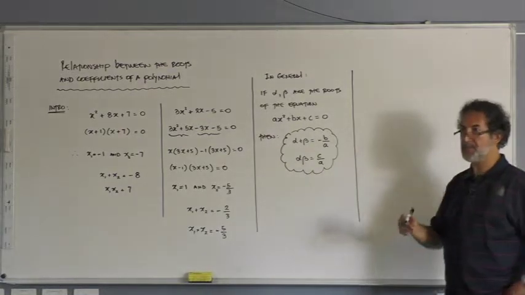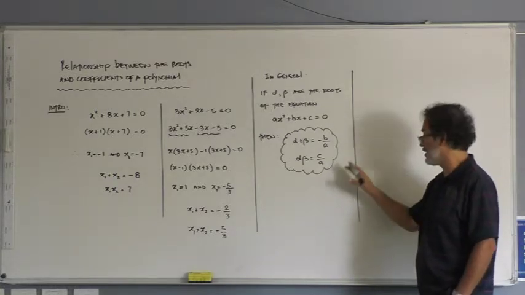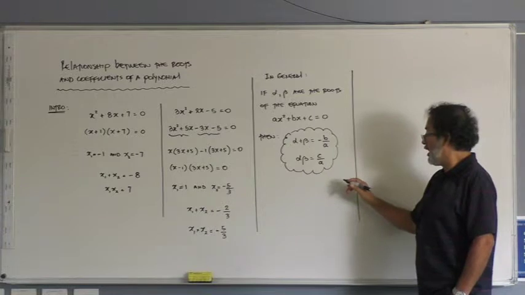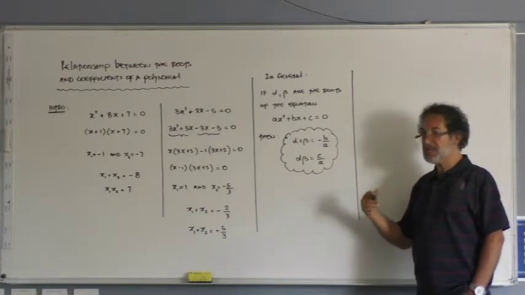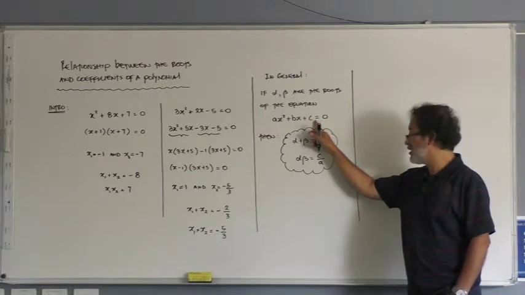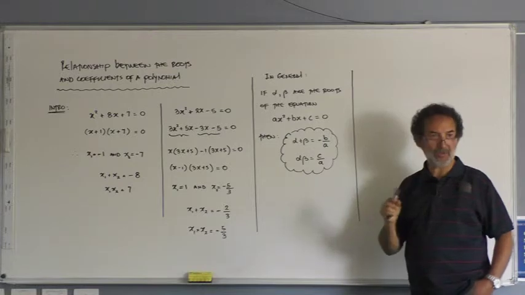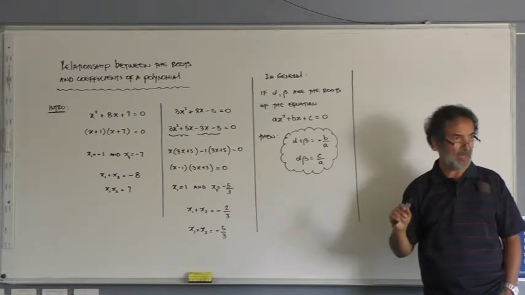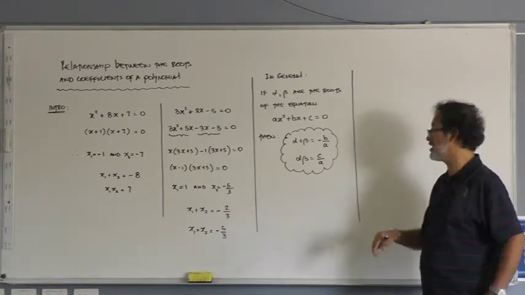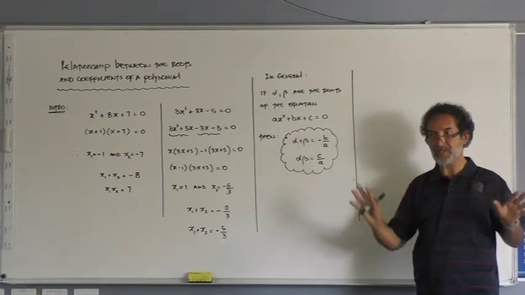Okay, so I want you to understand this. What we are doing is finding the relationship between the coefficients of this quadratic equation and the solutions. Mathematicians are very curious about everything. They start playing around with things, and then suddenly they discover that there is a relationship between things.